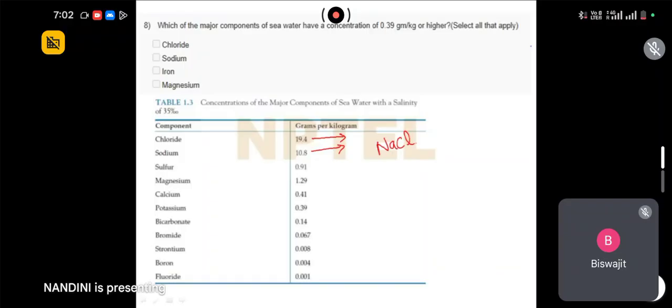Sodium chloride. Then I think it becomes soluble, no? Once it becomes soluble, it will be separated. It will be in the ionic state, I guess. The salt form means it will be in the ionic state.